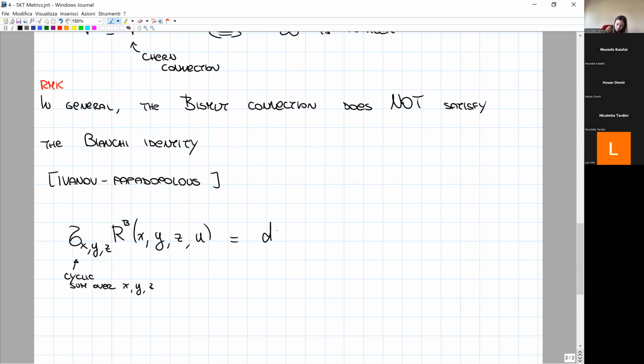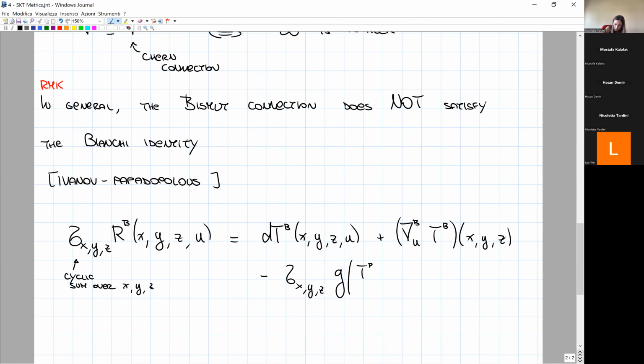In fact, it is equal to the differential of the torsion of the Bismut connection applied to (X, Y, Z, U), plus nabla_U of the torsion applied to (X, Y, Z), minus the cyclic sum over X, Y, Z of g(T(X, Y), T(Z, U)). Of course, this is for every X, Y, Z, U vector fields.